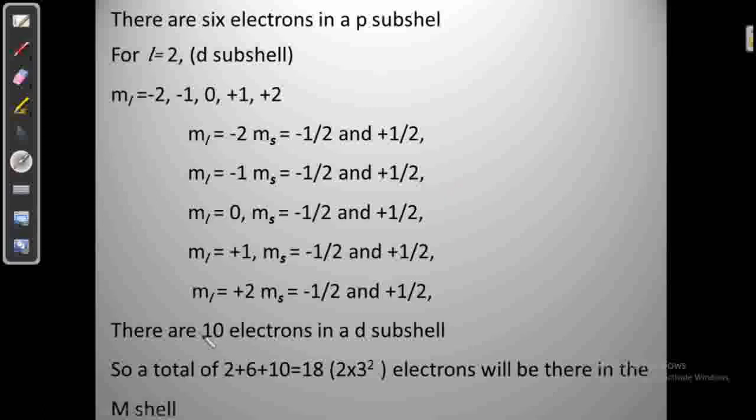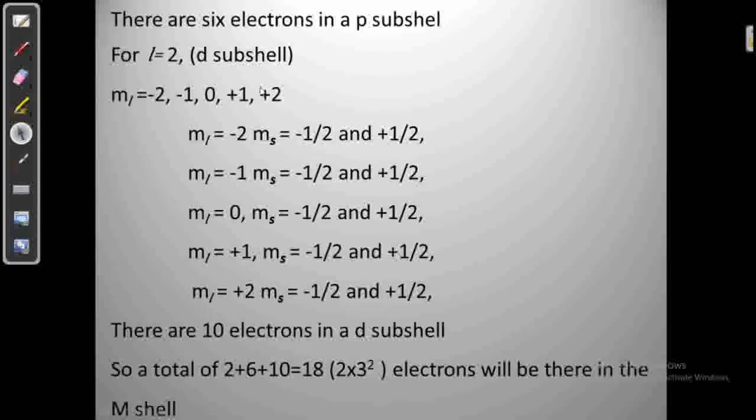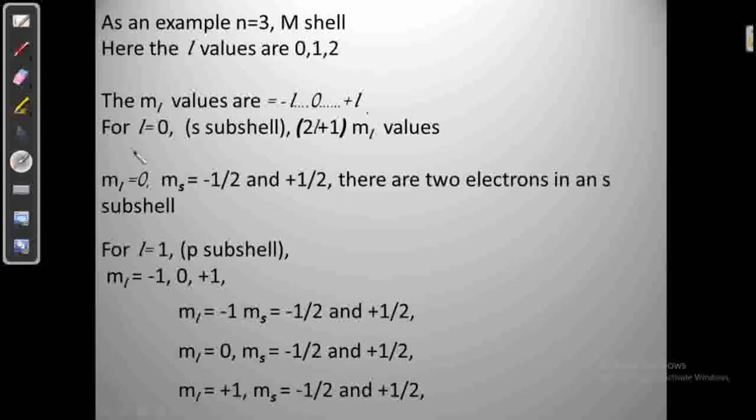So we started with n equal to 3. For n equal to 3, there are different l values. The first l value is 0, so there are 2 electrons that can be accommodated in the l equal to 0 state.